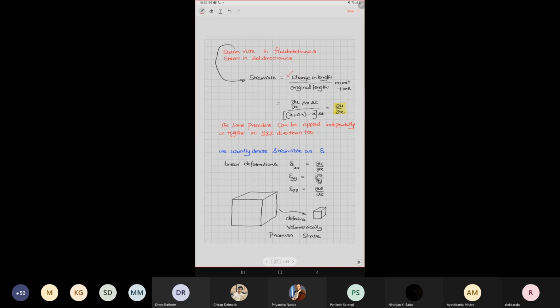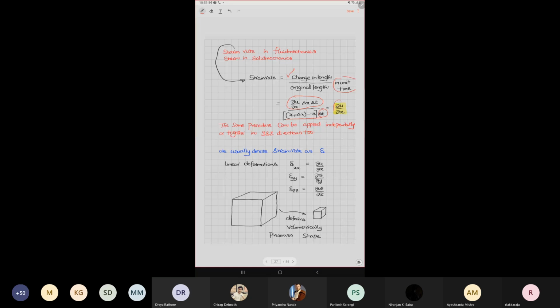So the change in length is del u by del x multiplied by delta x delta t, divided by the original length, which is x plus delta x minus x. And per unit time I would like to quantify, so divide by delta t.